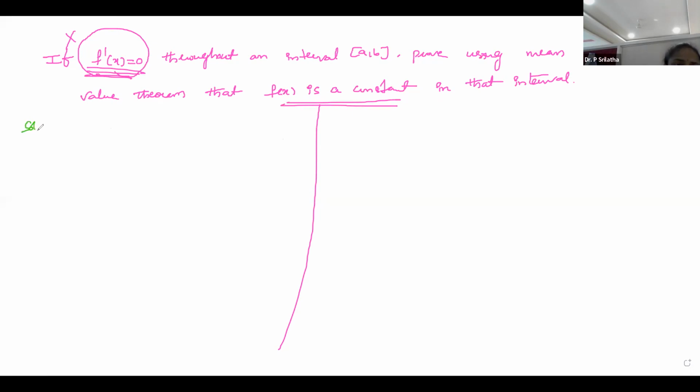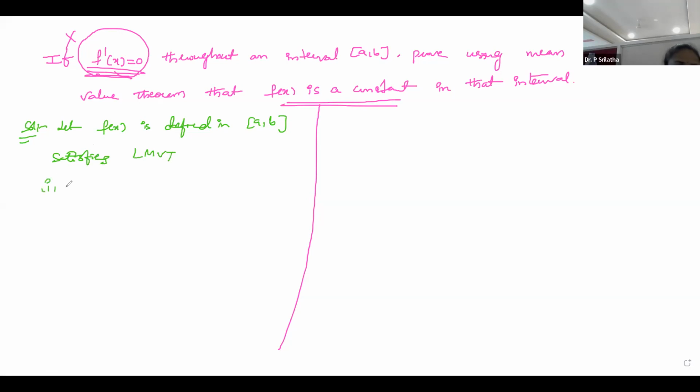So here, let f of x be a constant that is defined in closed interval a comma b, so it satisfies Lagrange's mean value theorem.